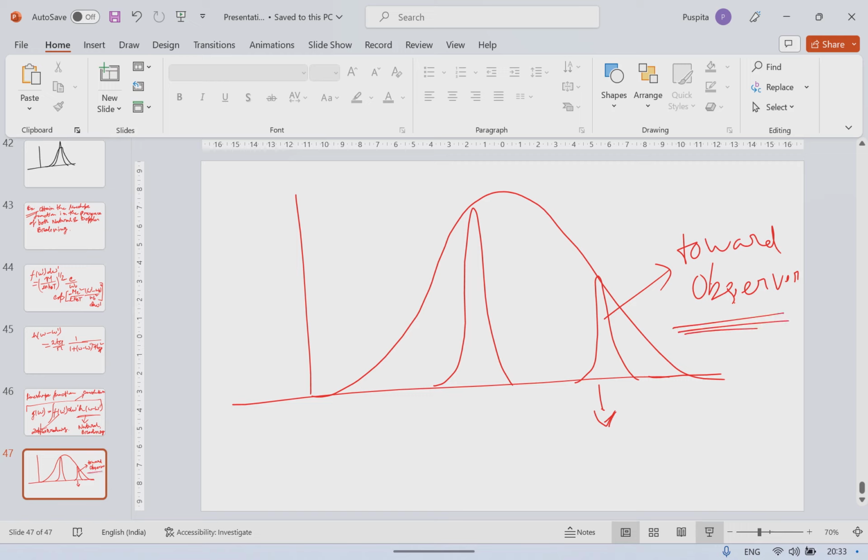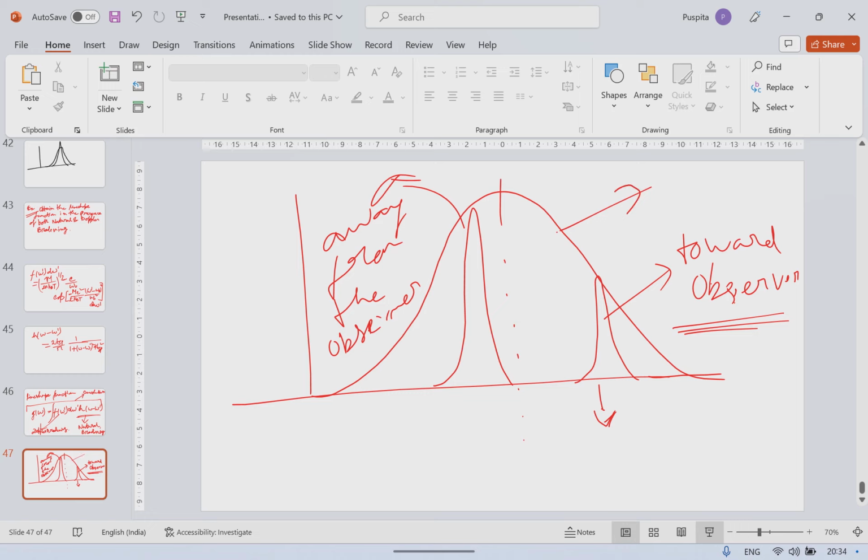When the traveling atom is going towards a fixed atom, the fixed atom is the observer. In this position it is away from the observer, and this is the central position.